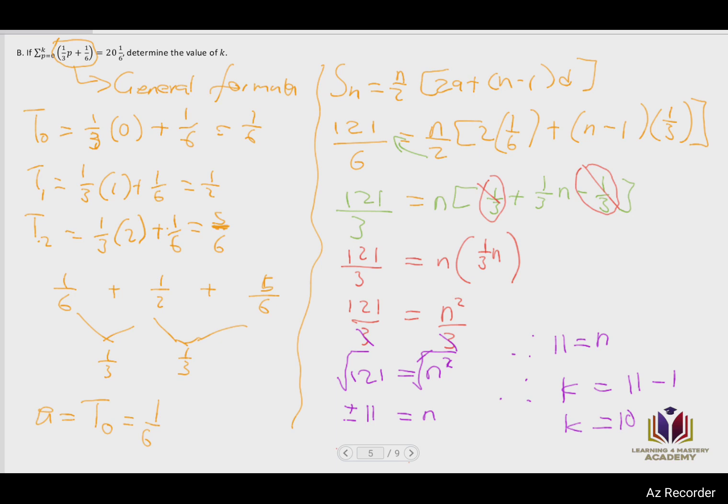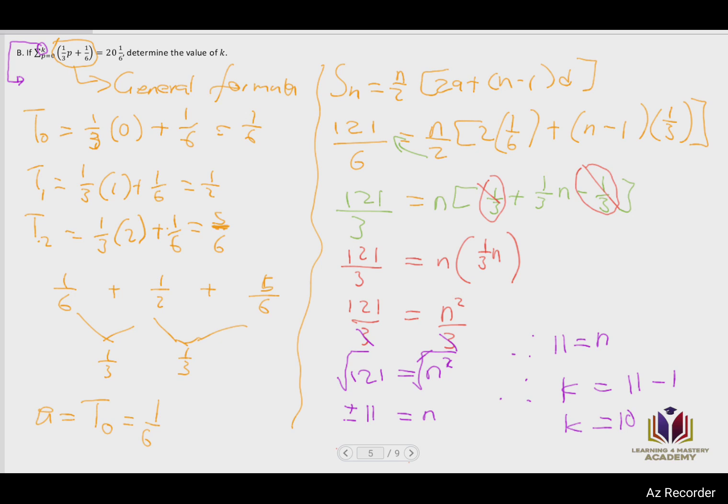Okay? So when you exclude t0, because the k, this k that you see here, is the last term, but it's only the last term if you start counting from t1, not t0. Okay? So it's the last term of the series counting from t1.